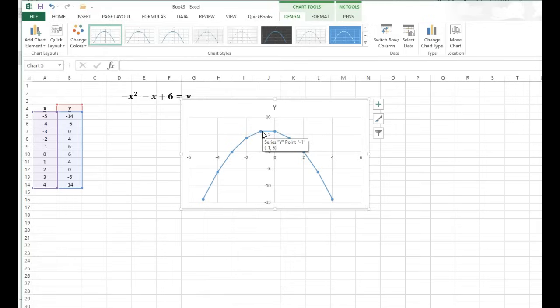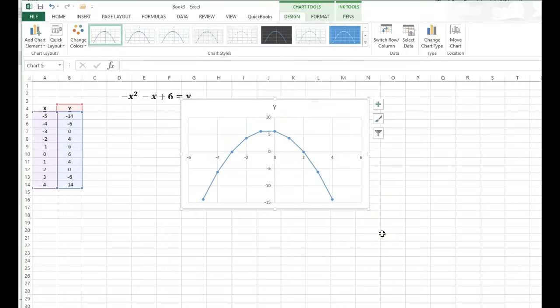It's like 6, a little bit higher than 6. That would be the tip of this thing, where x is going to be somewhere between 1 and 0, so it's 0.5.